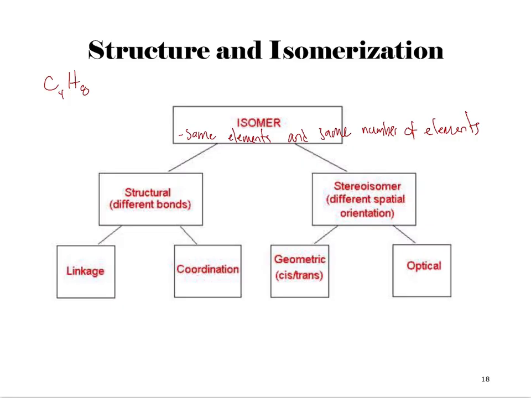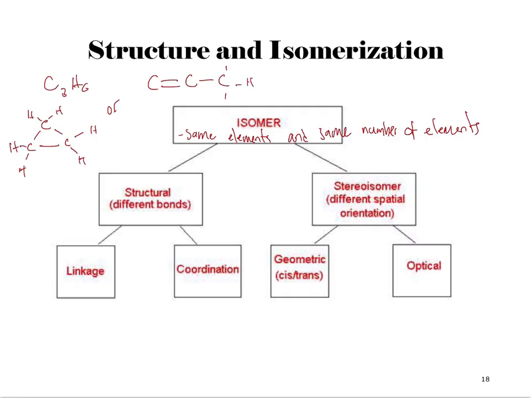Actually, I'll do a smaller one, C3H6. We haven't talked about how to draw carbon skeletons. Two ways that we could draw this is we can draw this little triangle structure, a ring structure like this, or another way this molecule could exist.